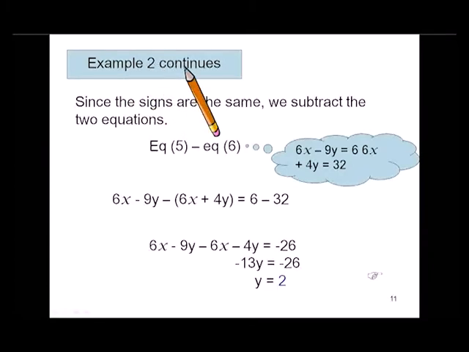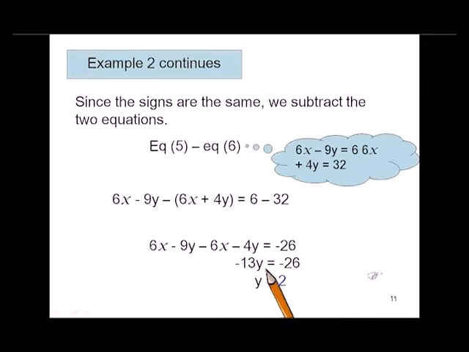Example 2 continues. Since the signs are the same, we subtract the two equations. Equation 5 take equation 6. Equation 5, 6x take 9y equals 6. Equation 6, 6x plus 4y equals 32. 6x take 9y, take 6x plus 4y equals 6, take 32. 6x take 9y, take 6x, take 4y equals negative 26.